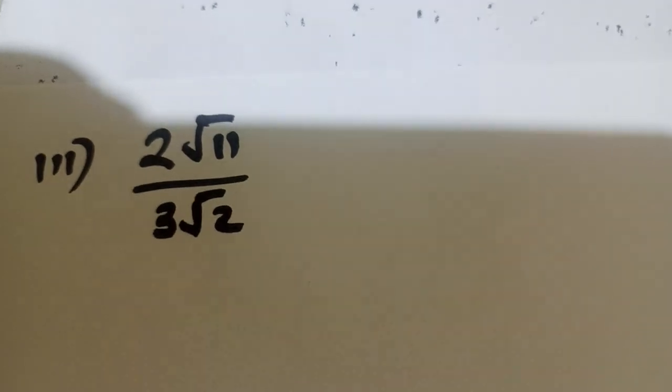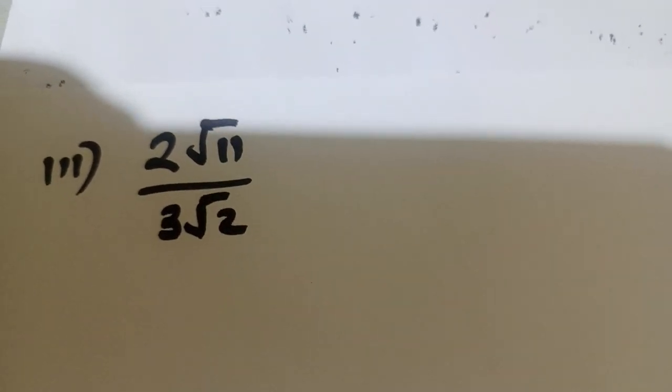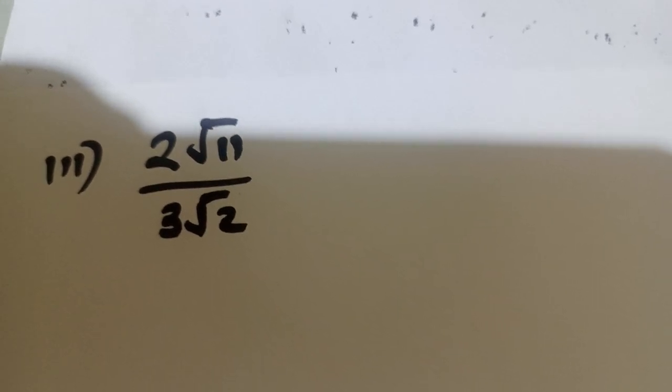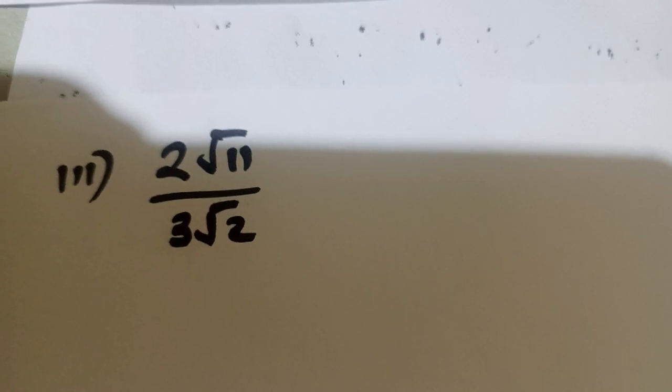Let's say 2 root 11 over 3 root 2. Then we are asked to rationalize the denominator. Look at this fraction, 2 root 11 divided by 3 root 2.